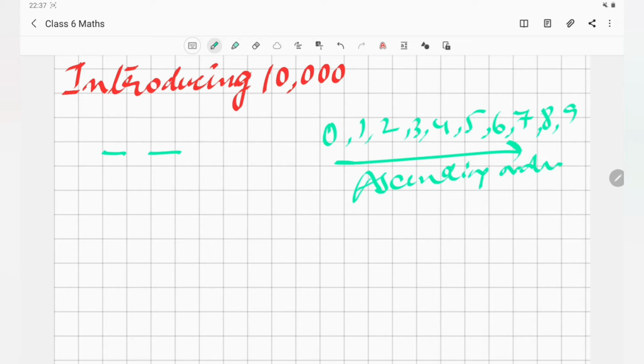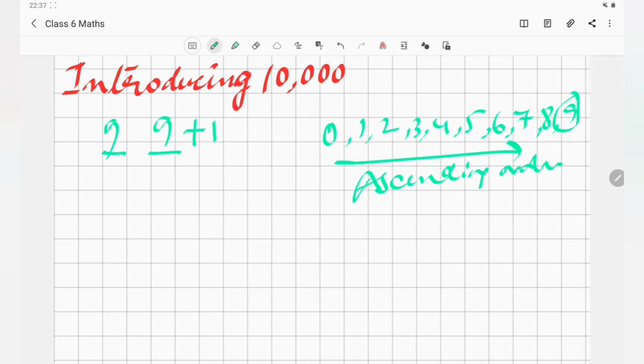We know the biggest number is 9, right? So our biggest 2-digit number will be 9 and 9. Can you think of a 2-digit number which is bigger than 99? Think about it. No, you'll not have anything. As soon as you increase it even by 1, it becomes a 3 digit.